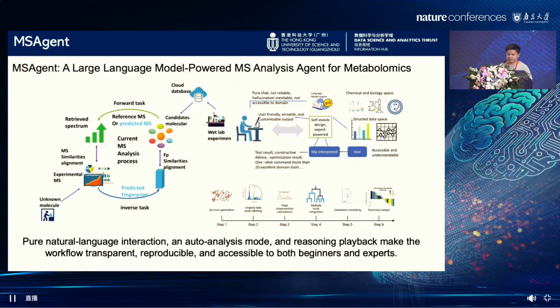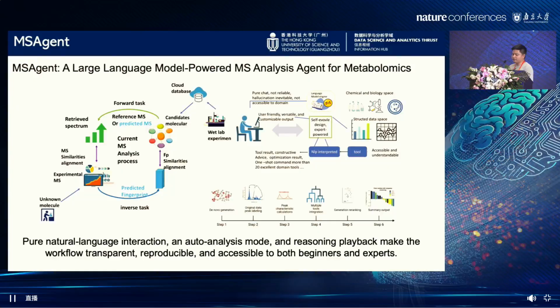Currently, mass spectrum data analysis relies heavily on labor-intensive manual work and domain-specific expertise. To address these challenges, we have developed the first large language model-powered AI agent for MS data annotation and data analysis. It integrates all the mass spectrum data analysis tools and combines the reasoning ability of large language models.